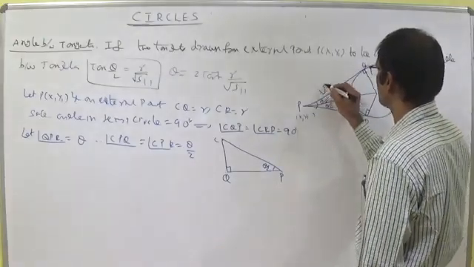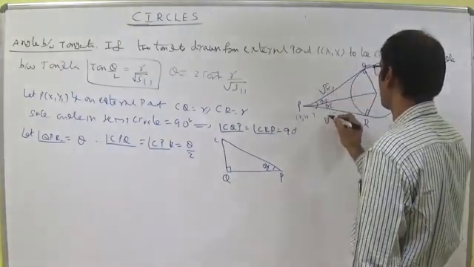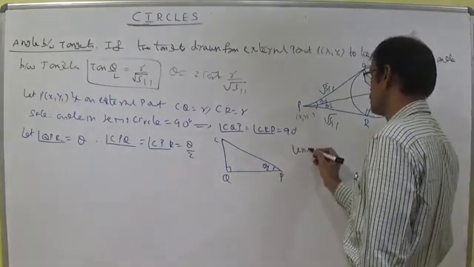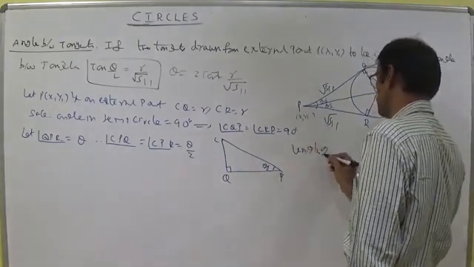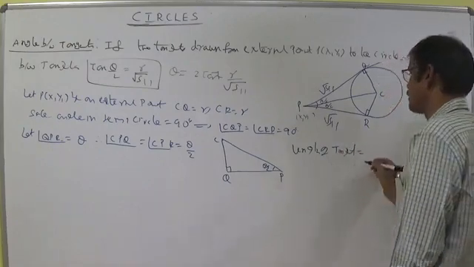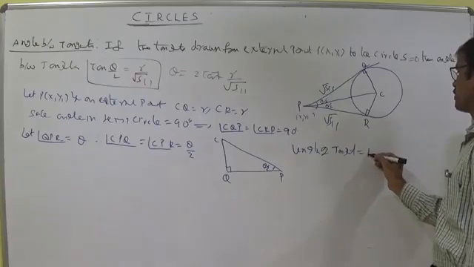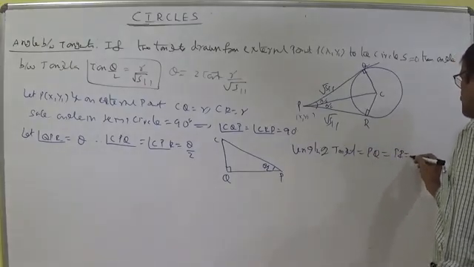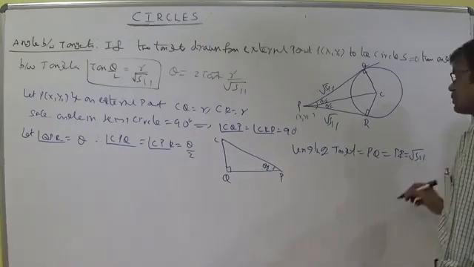So PQ is root S11 and this is also root S11. The length of tangent is PQ, that is equal to PR, the formula root S11, proof also I said.